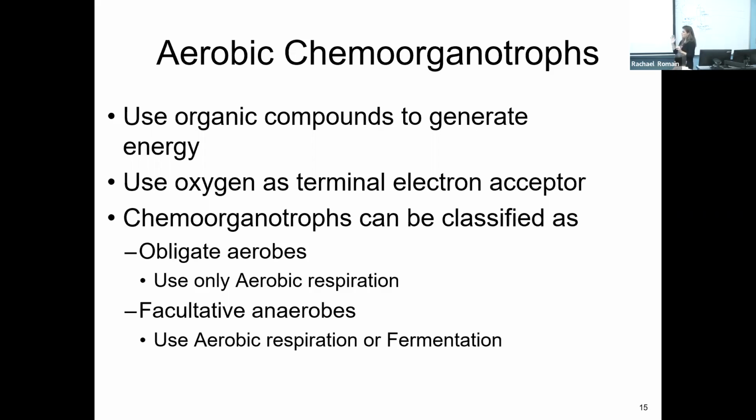Facultative anaerobes, they use aerobic respiration when oxygen is around. These organisms, however, typically switch to fermentation when there is no oxygen. Sometimes I think that's a big hurdle to get over, right? You think, okay, if I don't do aerobic respiration, I switch to anaerobic respiration.